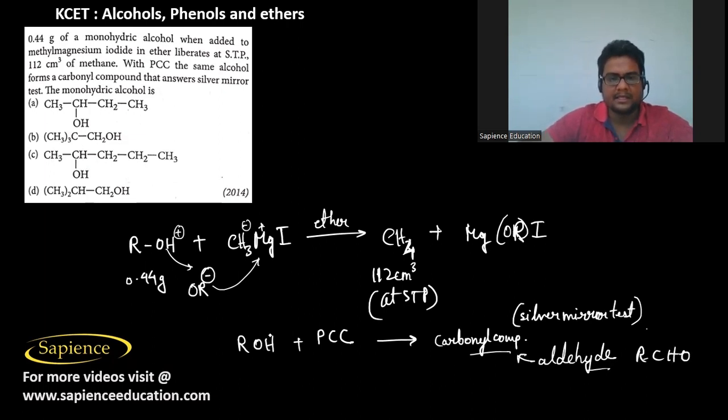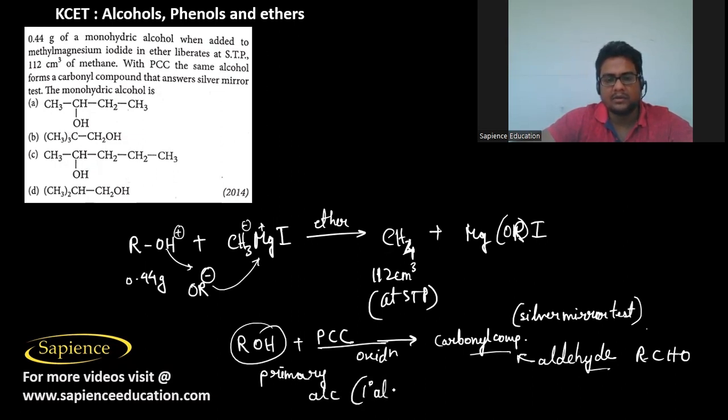and hence this alcohol should be a primary alcohol, since with PCC, when it gets oxidized, the primary alcohols or 1-degree alcohols will be oxidized into aldehydes, and aldehydes only will give the silver mirror test. So it is obviously a primary alcohol.